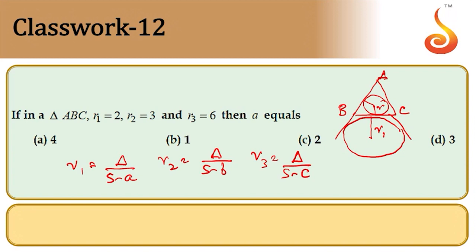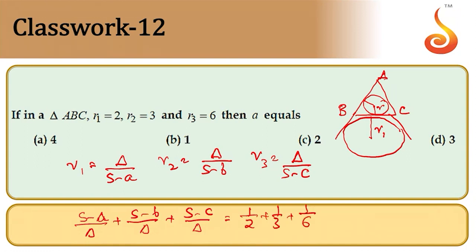Using these results, r1 we know, r2 we know, r3 we know. So we can write (s minus a) by delta plus (s minus b) by delta plus (s minus c) by delta, which will give you 1 by 2 plus 1 by 3 plus 1 by 6.